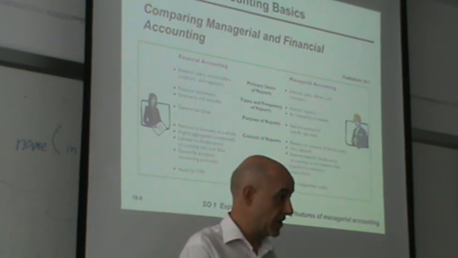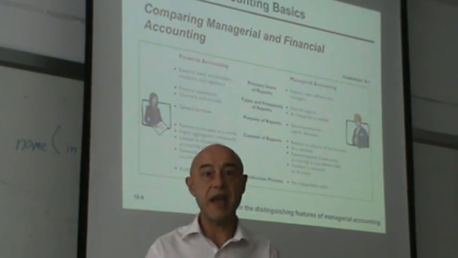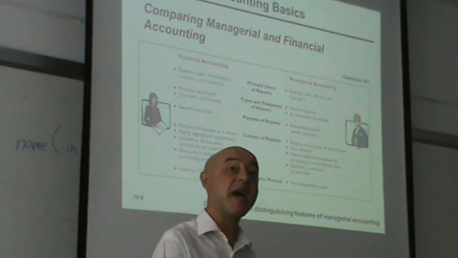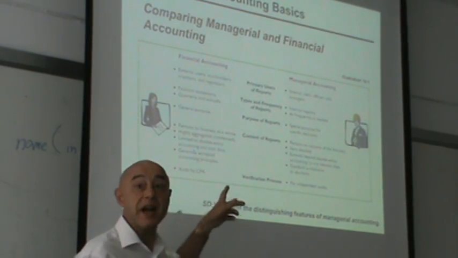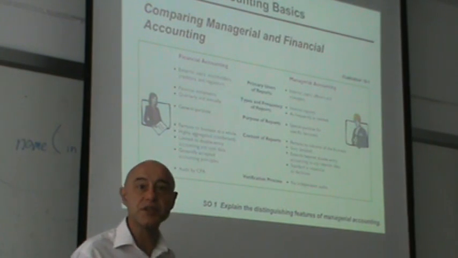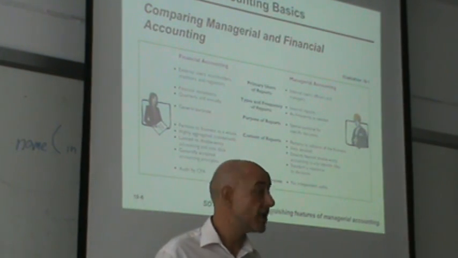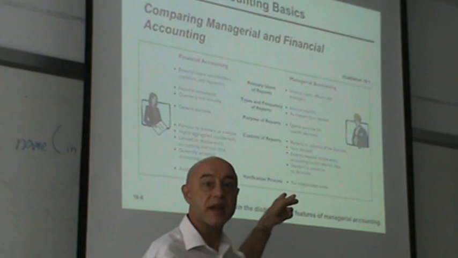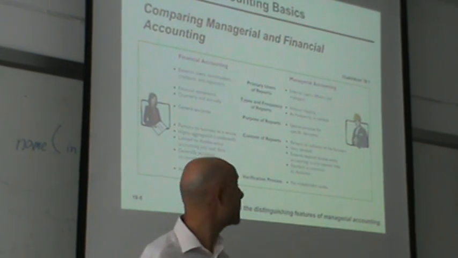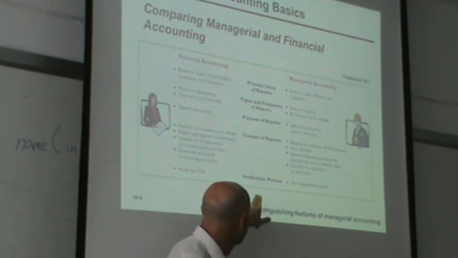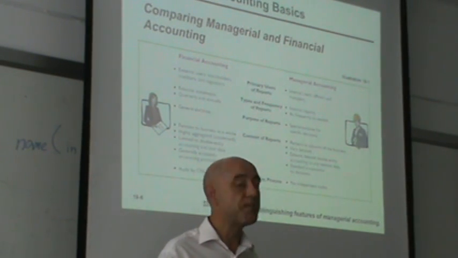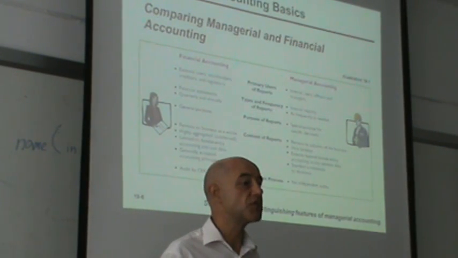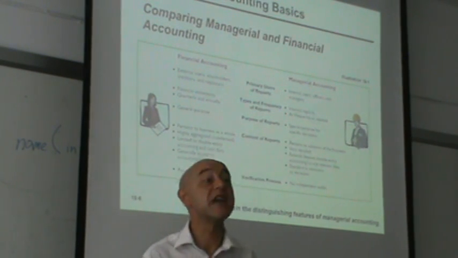If you make good decisions, you're going to have a good business. And if you make bad decisions, it's going to be a bad business, okay? So how you make your decisions will be determined to a large extent by having good data. And finally, there is no verification. No one independently reviews these reports. They're just used internally.